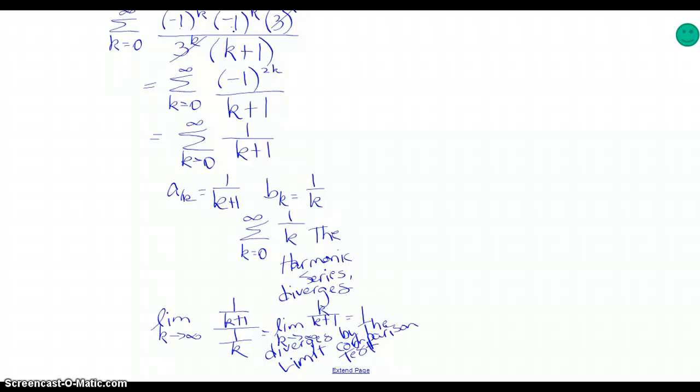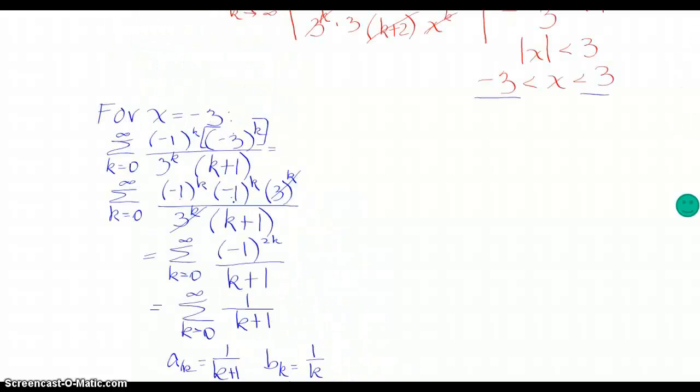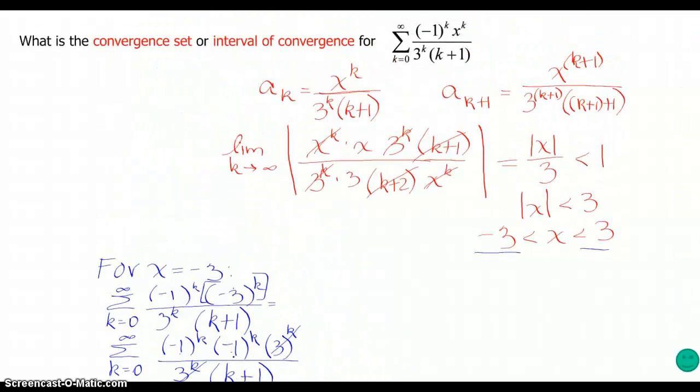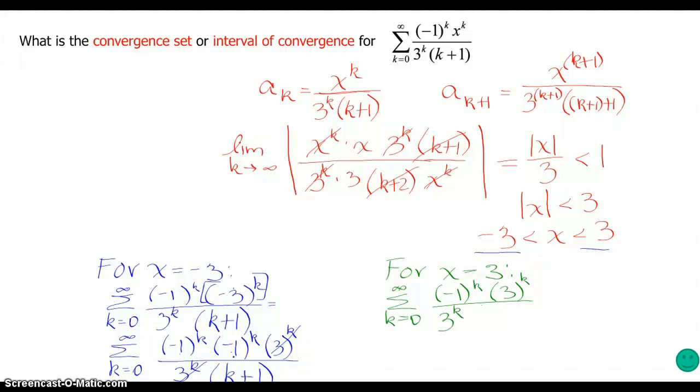Now we'll come back over and we'll plug in x equal 3. We'll do that in a different color. So for x equal 3, we have the infinite series, and the first step is always just to plug in that value for x, which is what I'm doing right there.